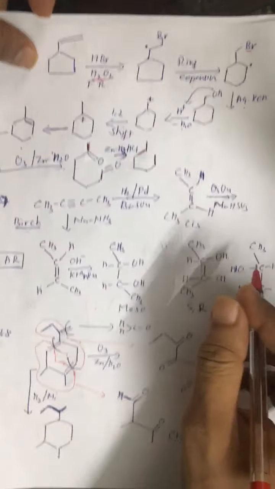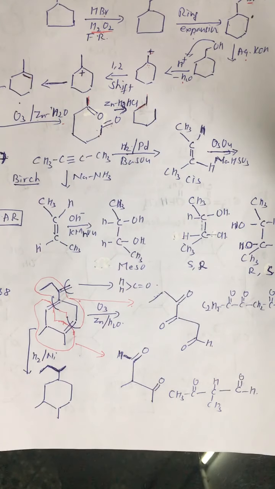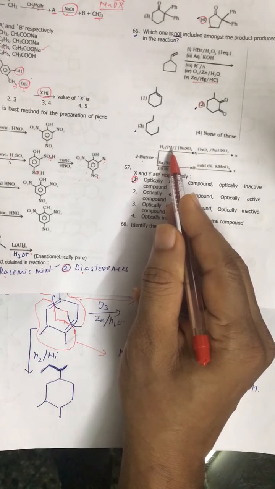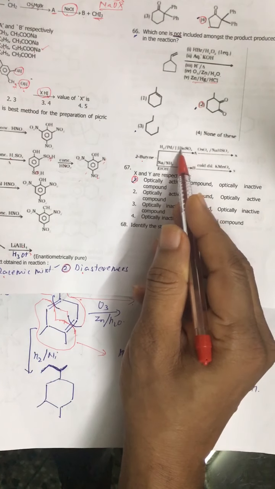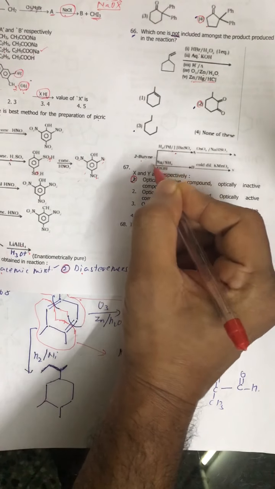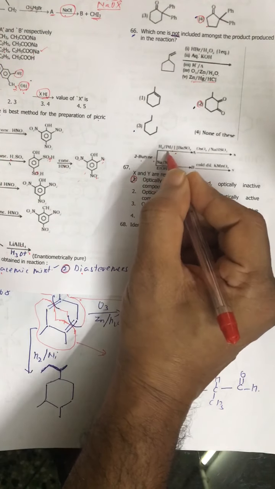Now look at question number 67. 2-butene. First it is hydrogenation in the presence of palladium BaSO4, which produces cis alkene. This reagent is again very important.